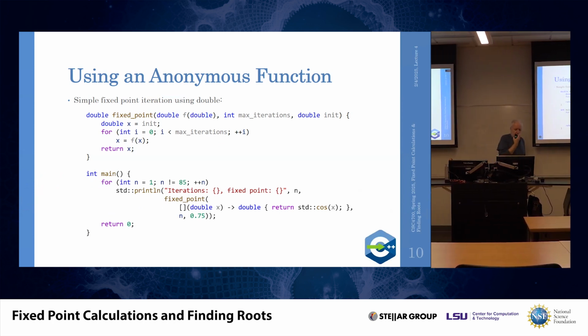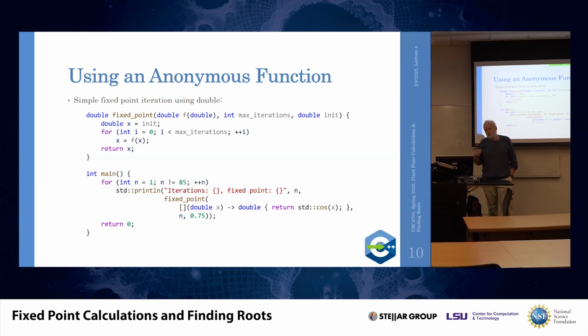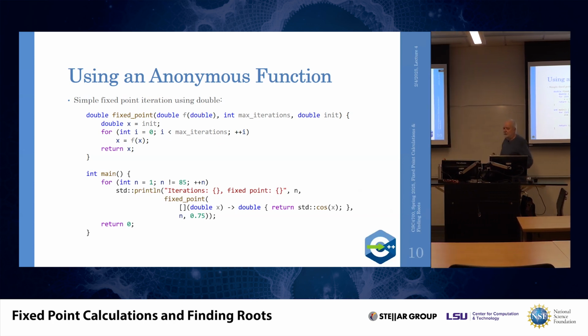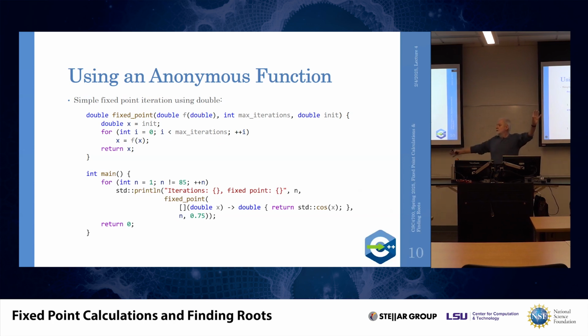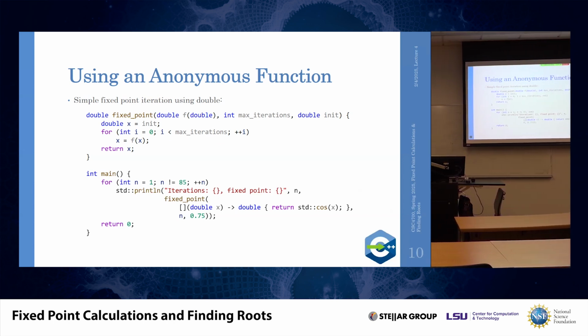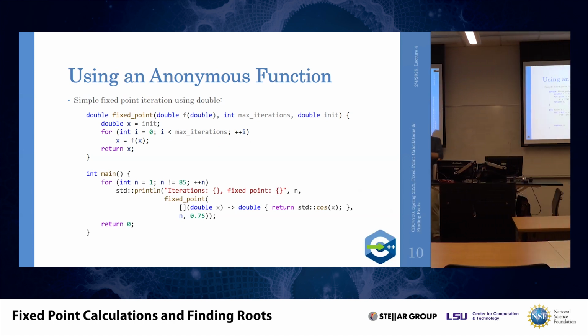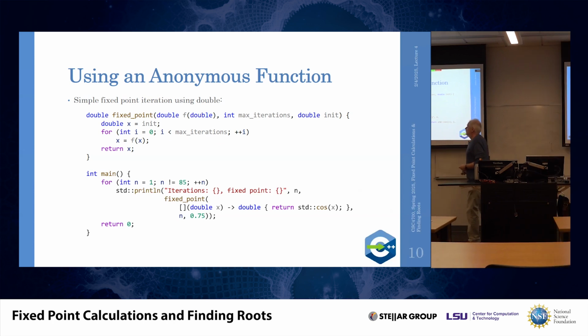The benefit of using lambda functions is that you don't separate the definition of the function from the use of the function. Sometimes it's very inconvenient if you have to define a function in one place and then use it in another place, and all you need is to use it once. It's very difficult for people to follow and understand the code. So it's much easier if you can just drop in the function where you actually use it, and everything is defined in one place.